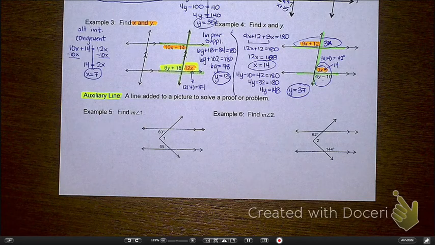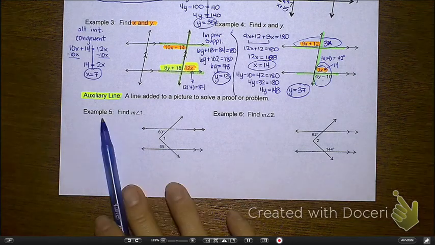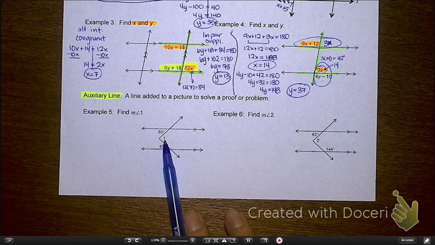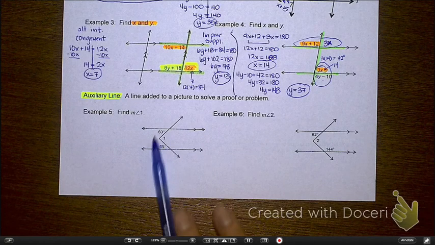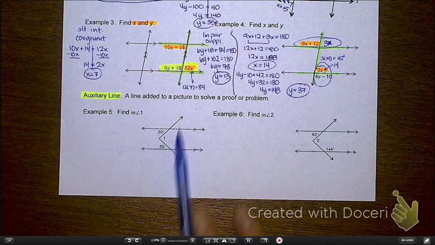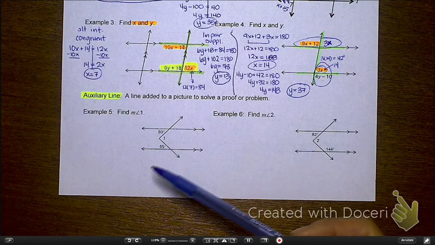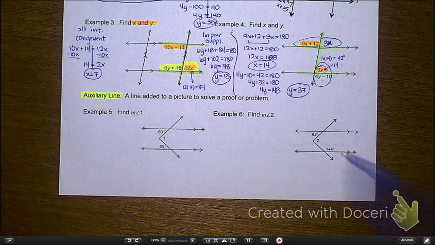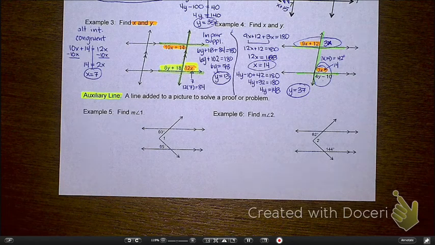So we're going to take a look at example 5. It wants us to find angle 1. Angle 1's kind of here. It's floating in space in the middle of these two parallel lines, right? So to help me find angle 1, I'm going to draw an auxiliary line.